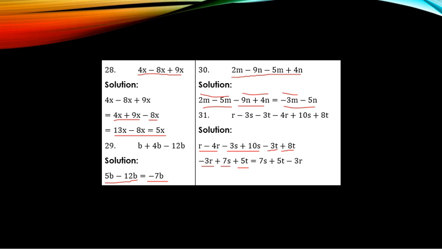You can leave it that way, or you take the minus term to be last, so you have 7s plus 5t minus 3a. Mind you, you are not collecting like terms, you are simply rearranging. You want a positive term to start your answer. That is why you are taking minus 3a to come last.